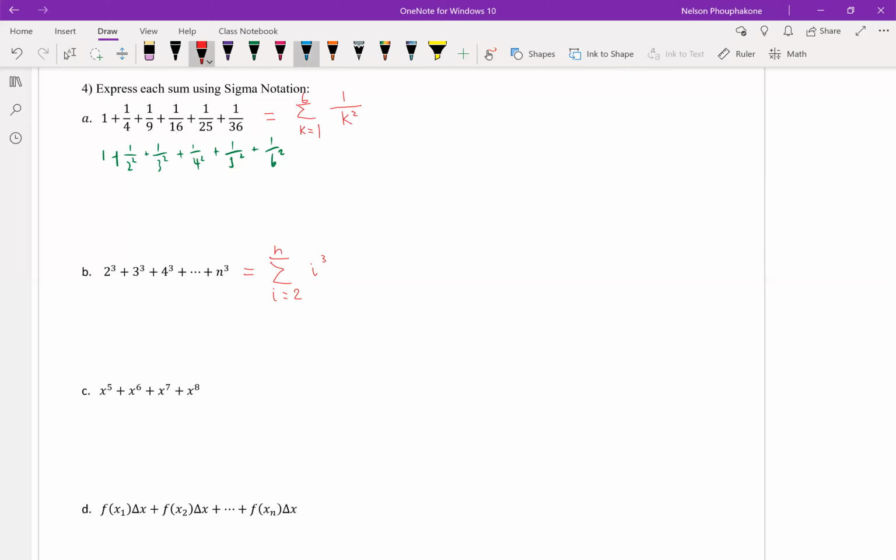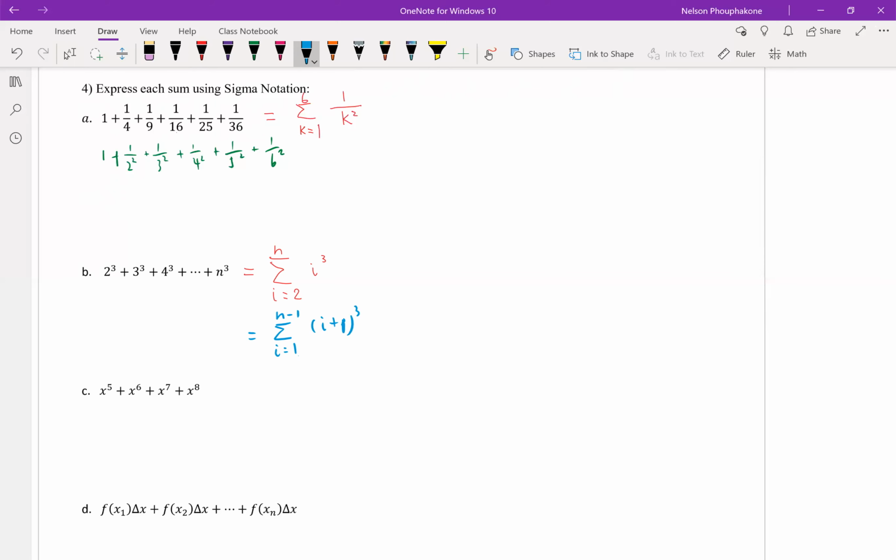How about this one? Think about this. Could I write the summation like this? i is from 1 to n minus 1 of i plus 1 to the power of 3. Is it okay? Yeah, it is okay, right? Because think about this. If i equals 1, then I have 1 plus 1 is 2, 2 to the q.